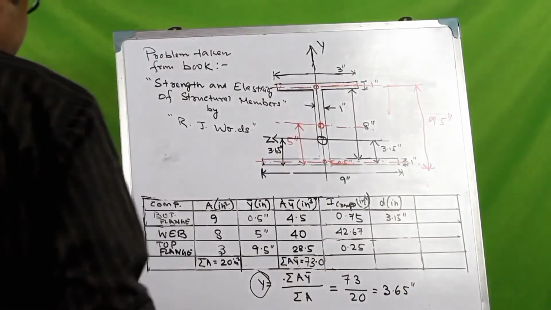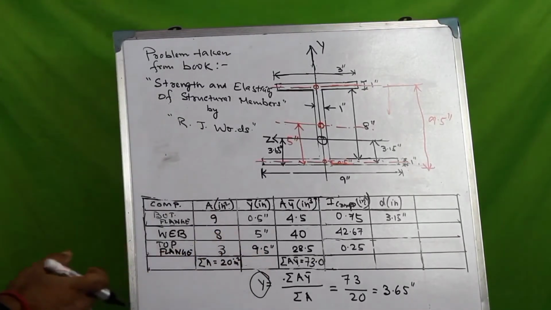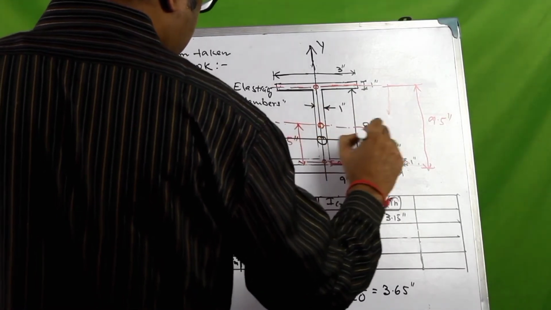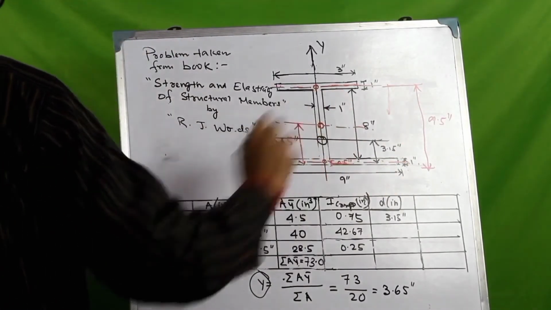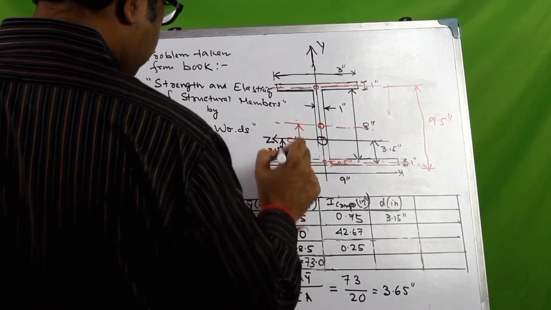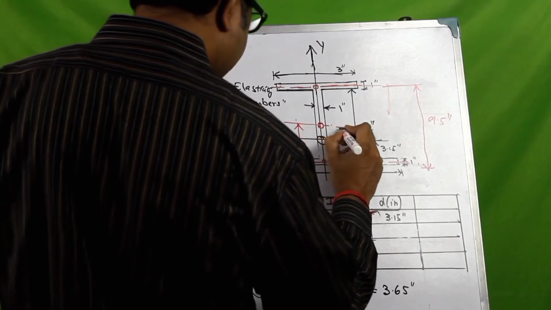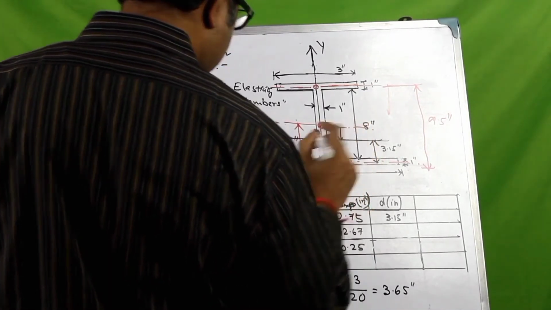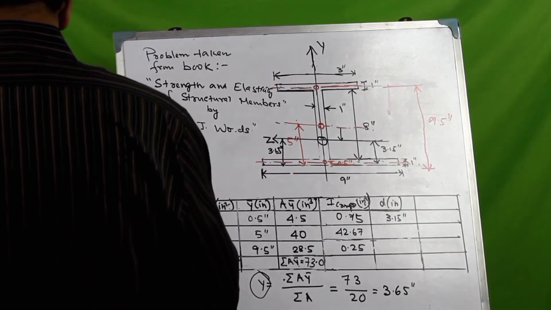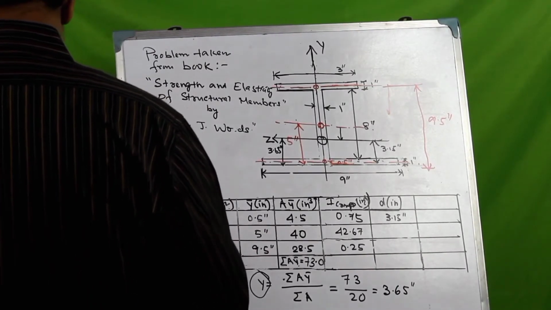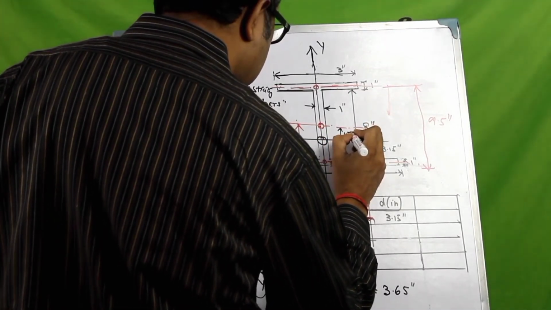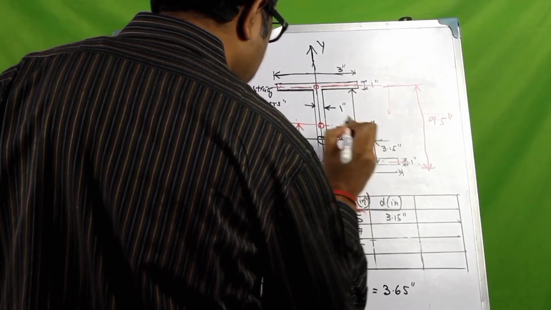And then what would be the distance between the centroid of the web and the centroid of the whole section? Well, this is 5 inch and this is 3.65 inch. So if we subtract 3.65 from 5, we will get the distance of the centroid of the web from the centroid of the whole cross section.